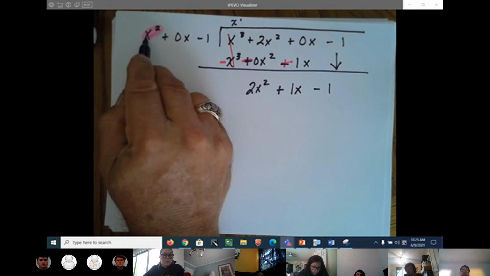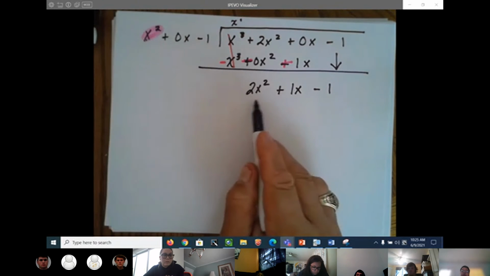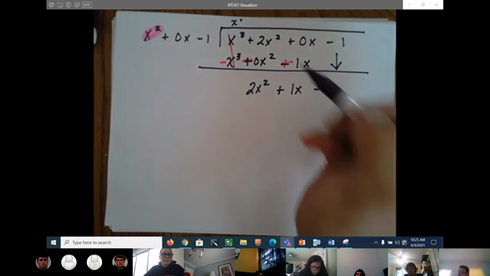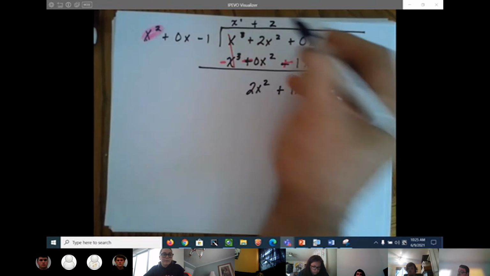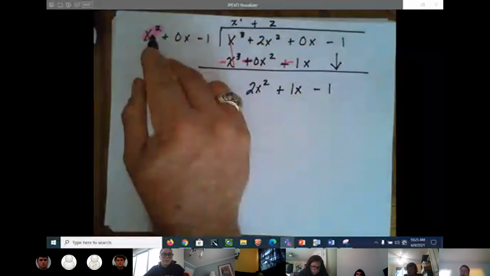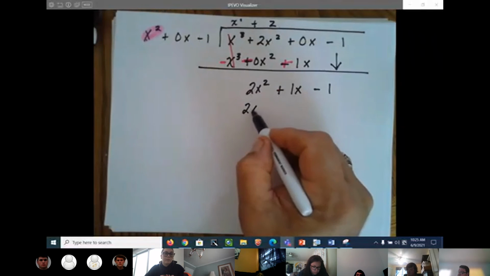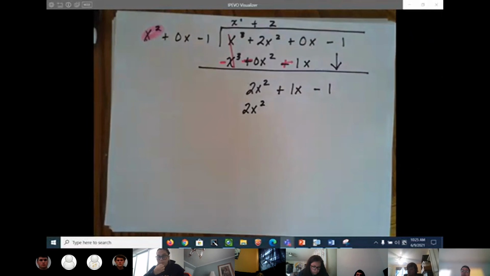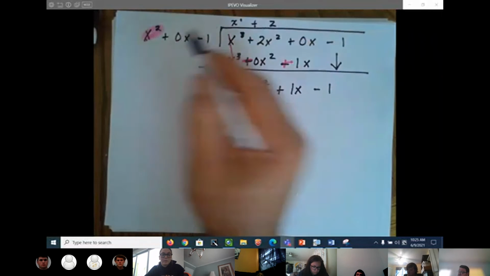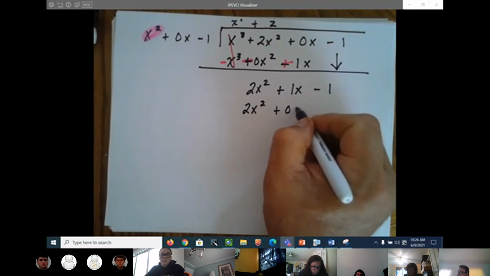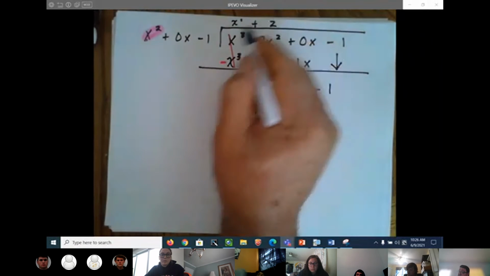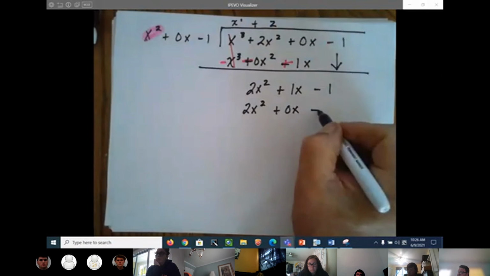How many times will x squared go into 2x squared? 2 times. 2 times x squared is 2x squared. 2 times 0 is 0. And 2 times negative 1 is negative 2.